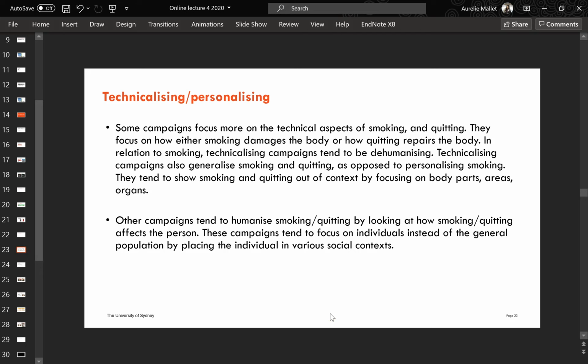Essentially what this illustrates is that it's all about body parts, because technicalizing campaigns focus on body parts, limbs, organs, which is exactly what's happening here.